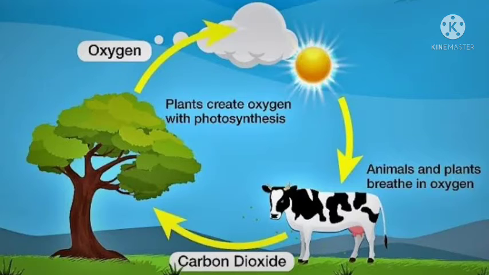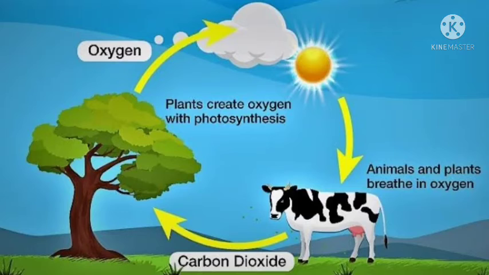During the day, the green plants take carbon dioxide present in the air and release oxygen during the process of photosynthesis. Both plants and animals take in oxygen and release carbon dioxide into the air during respiration.